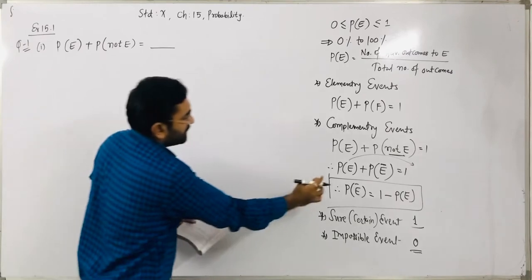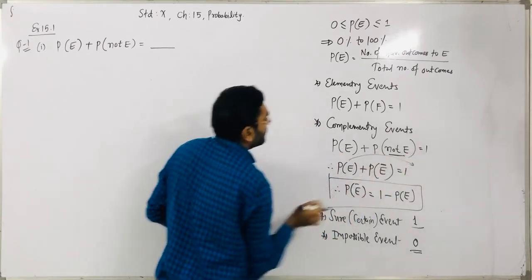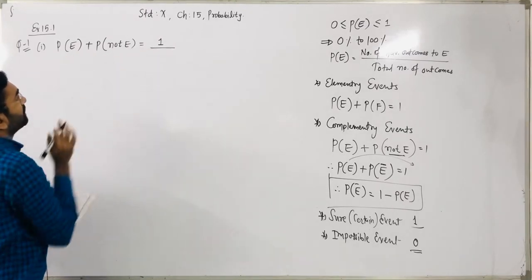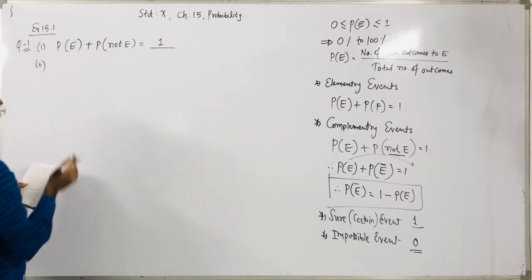We already discussed that in our previous period. It is always 1. The sum of the probabilities of complementary events is 1.